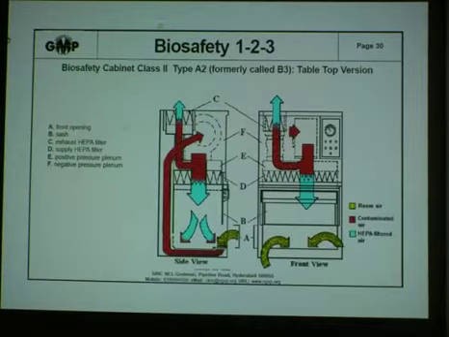Now, type A2 biosafety cabinet, like the type A1, exhausts 30% of the air and recirculates after refiltration 70% of the air. Now, what distinguishes this from A1 is that the entry velocity, face velocity of the room air entering the cabinet is not 75 feet per minute, it should be at least 100 feet per minute.